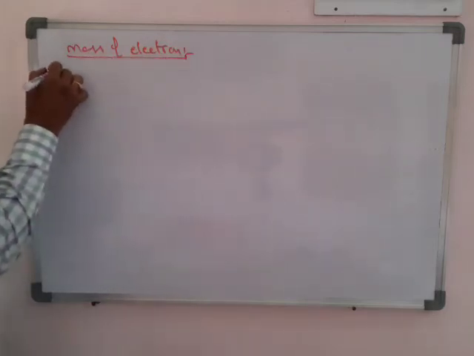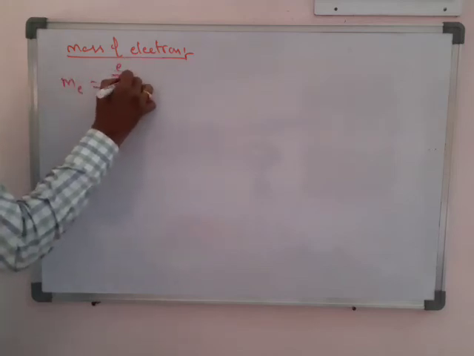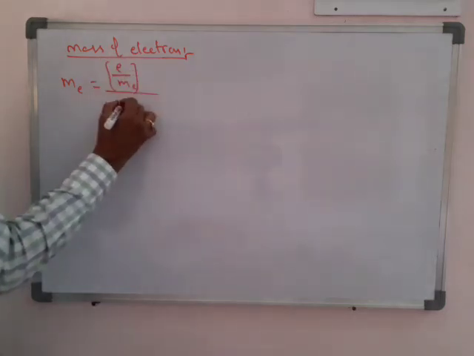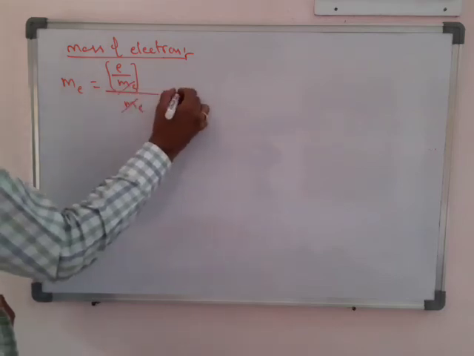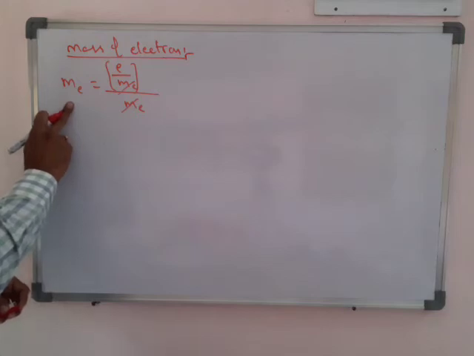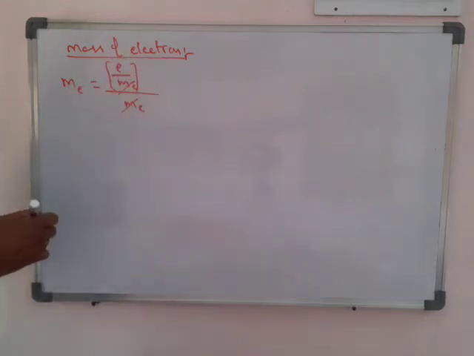With the help of the e by m value, the charge to mass ratio of the electron, the mass of the electron can be found. It is very simple: mass of the electron is the charge divided by the charge to mass ratio.